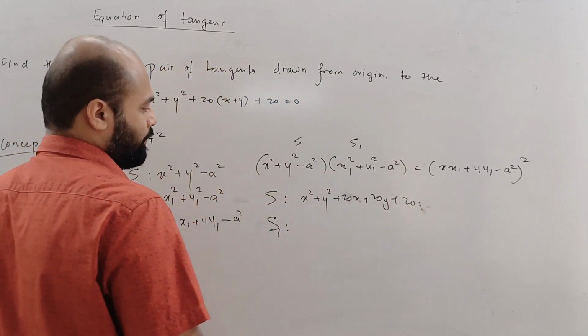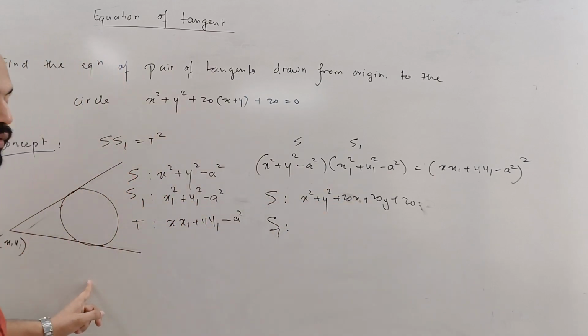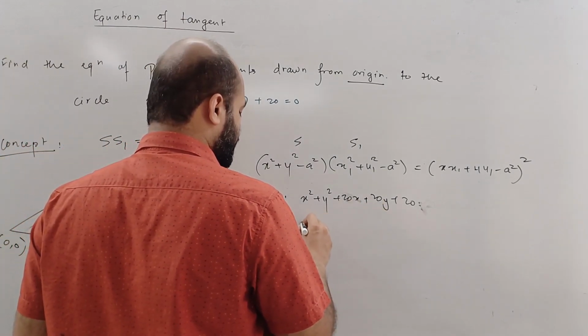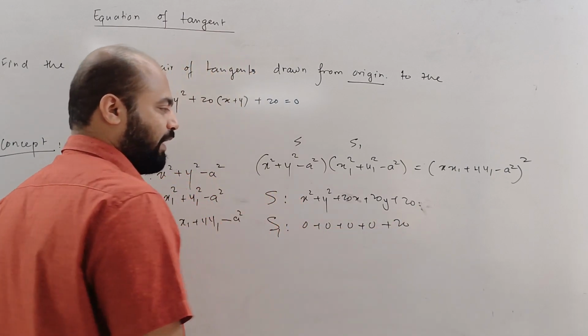S1 is going to look like, we are putting 0 throughout x and y, we'll put 0, 0 because the point under consideration is the origin. You're drawing those tangents from 0, 0. So I'm going to put 0, 0 in all x and y. What will remain is only 20.